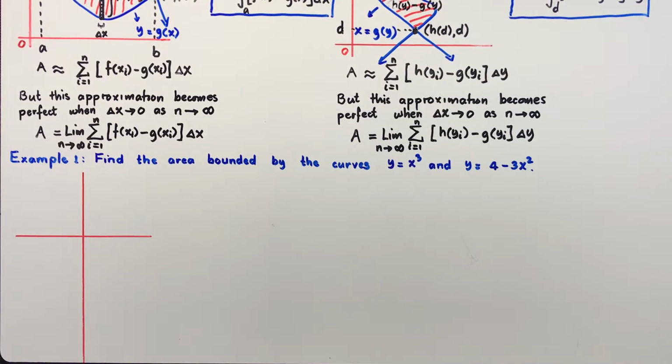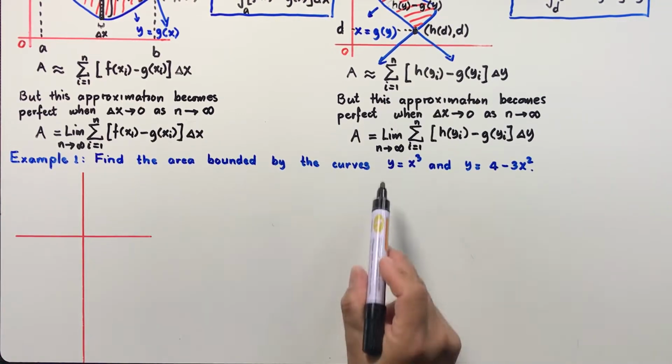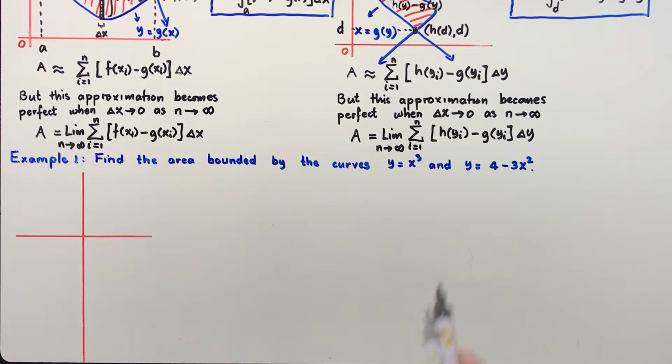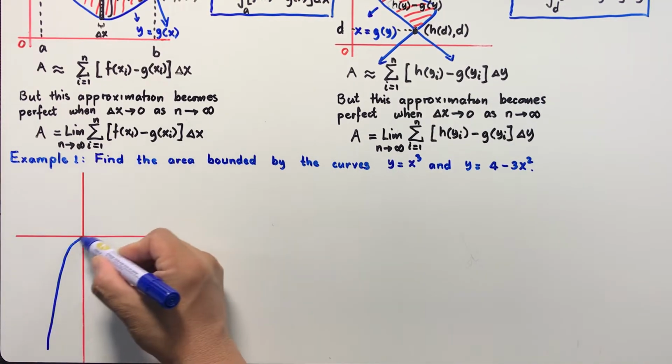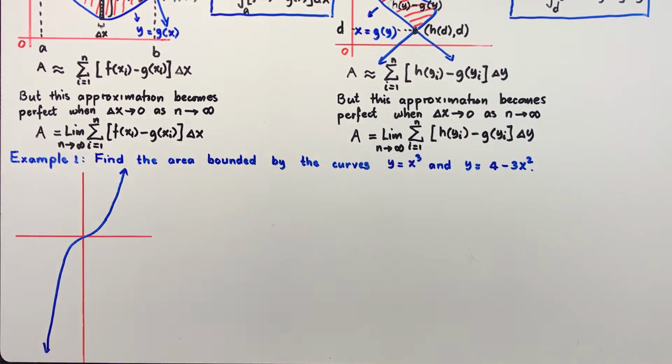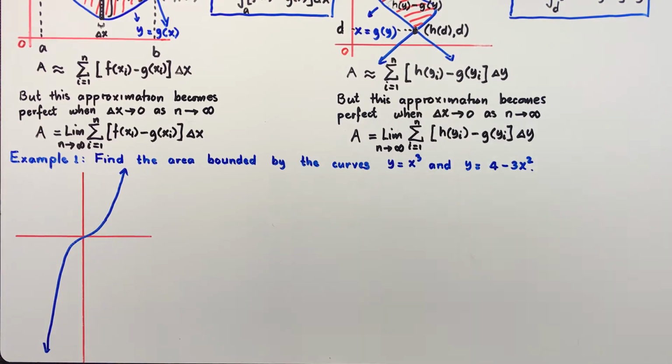Now let's apply the formulas that we have derived a while ago. Find the area bounded by the curves y equals x cubed and y equals 4 minus 3x squared. Now we know that the graph of this cubic function is this one here, and we know that this is a parabola opening downward with the vertex at (0, 4).